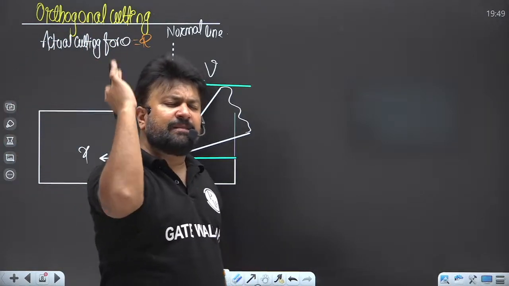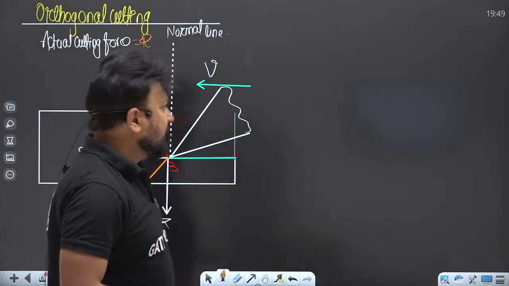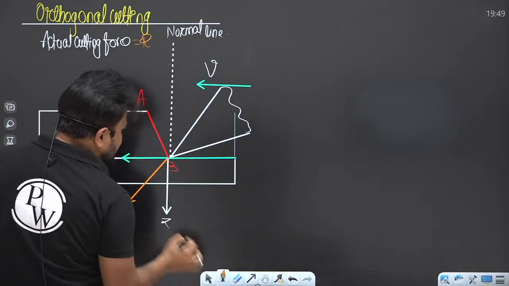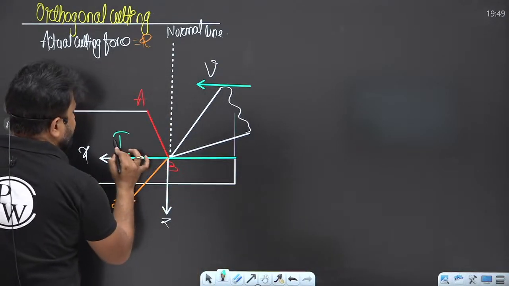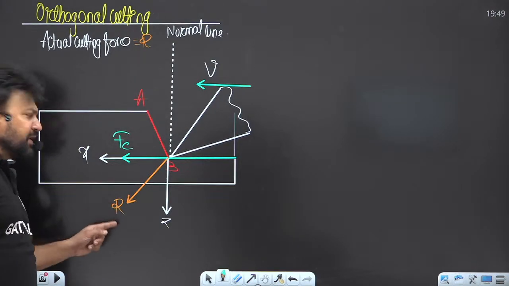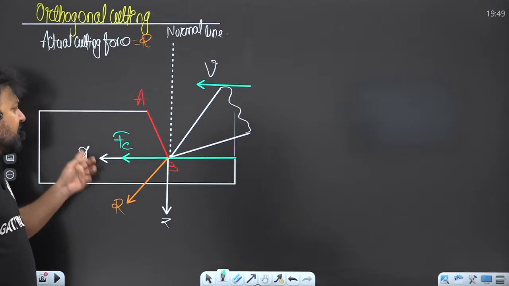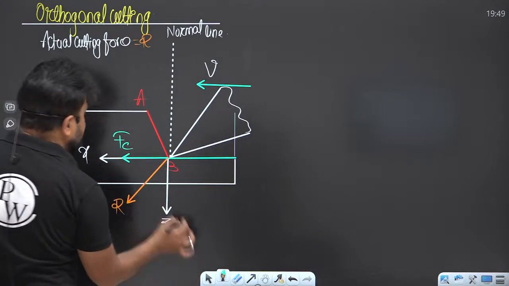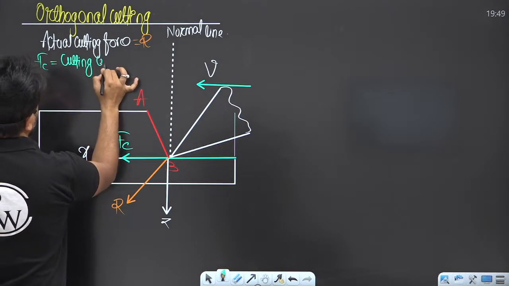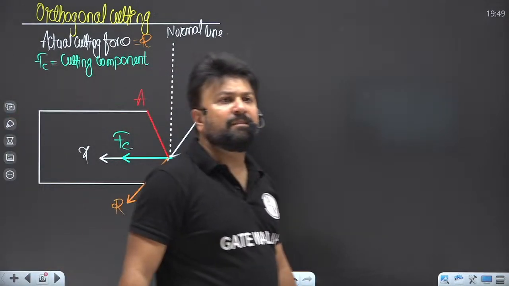If you take the component of R along the X direction, along the cutting velocity, that force comes out to be FC, the cutting component.